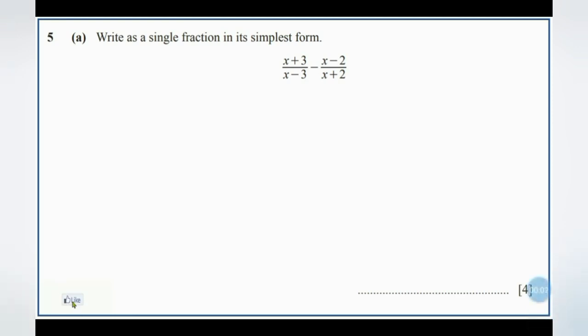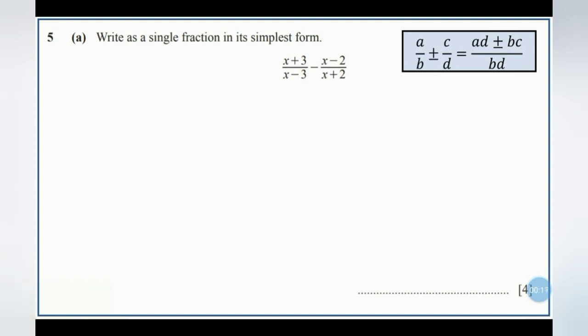In this problem, we are asked to write this expression as a single fraction in its simplest form. So remember, when you are writing an expression like this as a single fraction, you have to use the formula a over b, plus or minus c over d, is equal to ad plus or minus bc over bd. If it is plus, then you write plus. If it is minus, then it's minus.